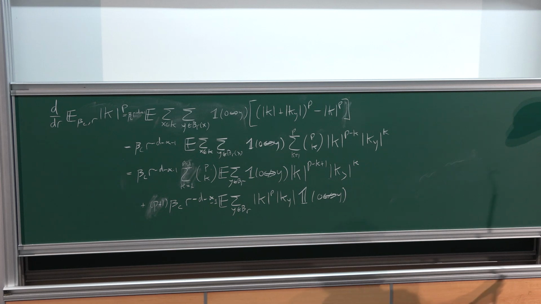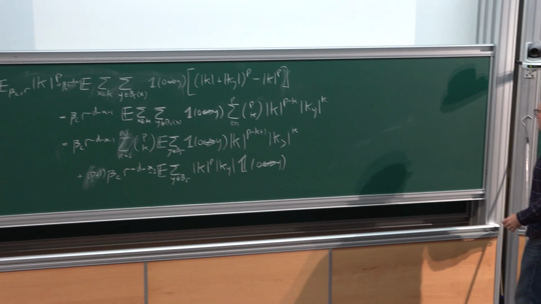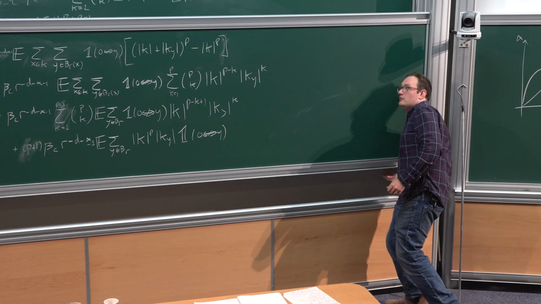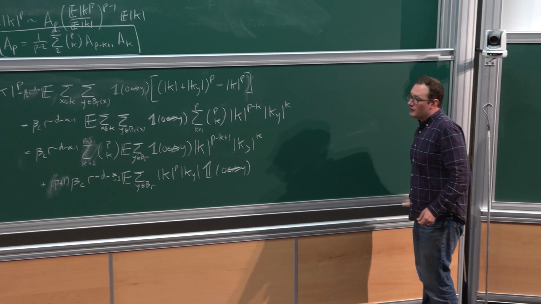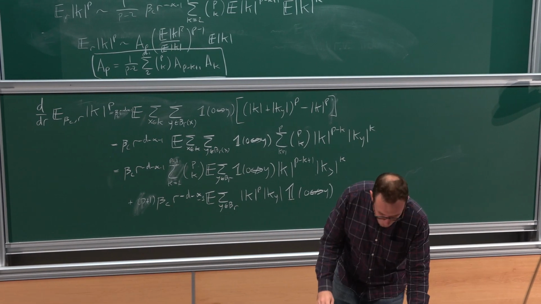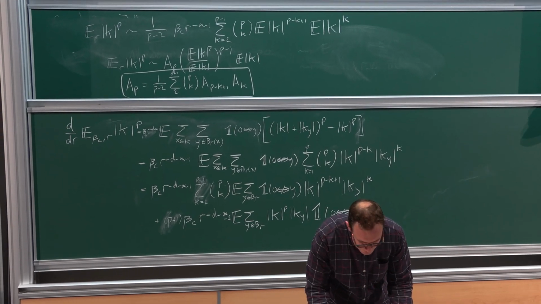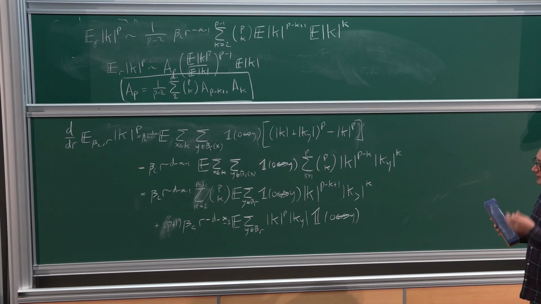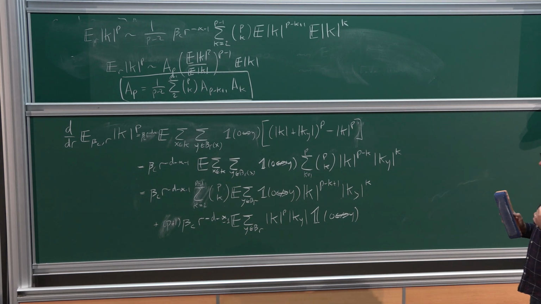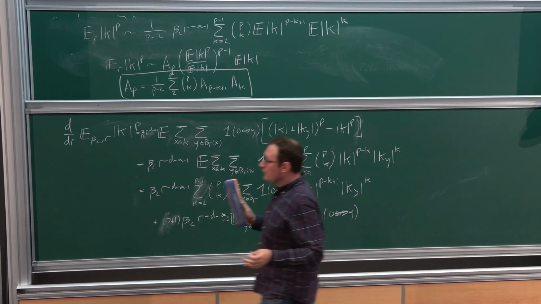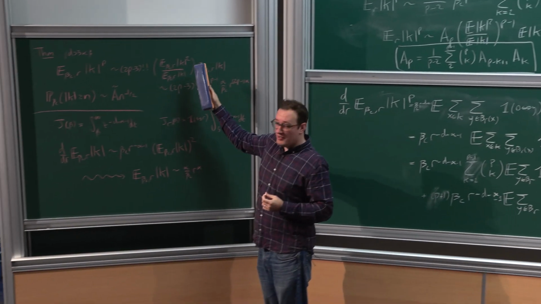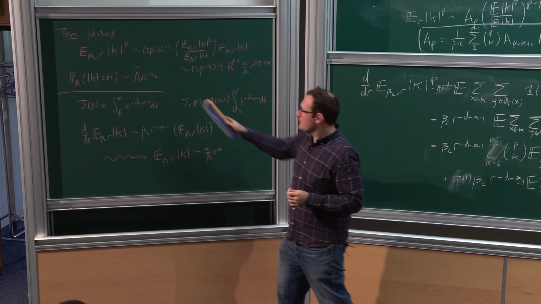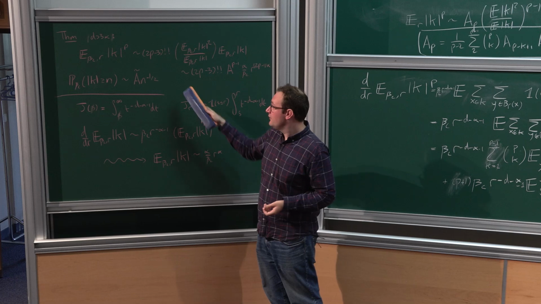Okay, maybe I'll talk about that now. So as I said yesterday, so far we've been talking about the volume moments, and I'll say something in a minute about how you extract these.